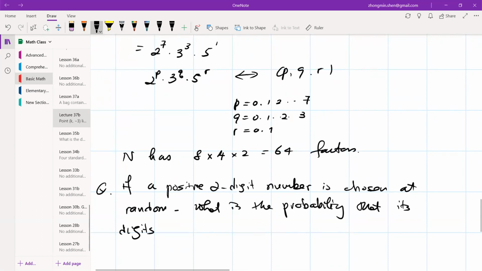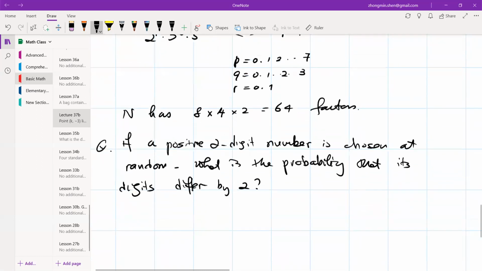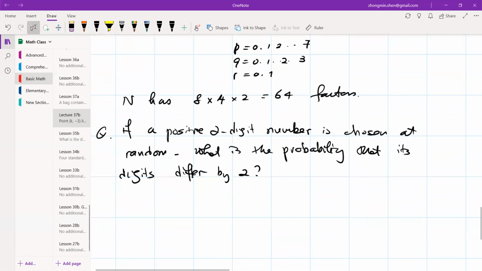So you only have 2 digits here, right? So there is a difference, differ by 2, for example. But by definition, a probability is a ratio. The numerator is the number of all desired outcomes, that means the 2-digit numbers whose digits differ by 2.